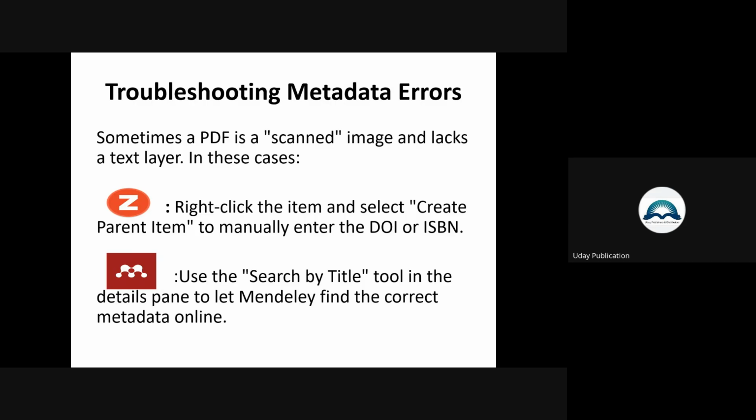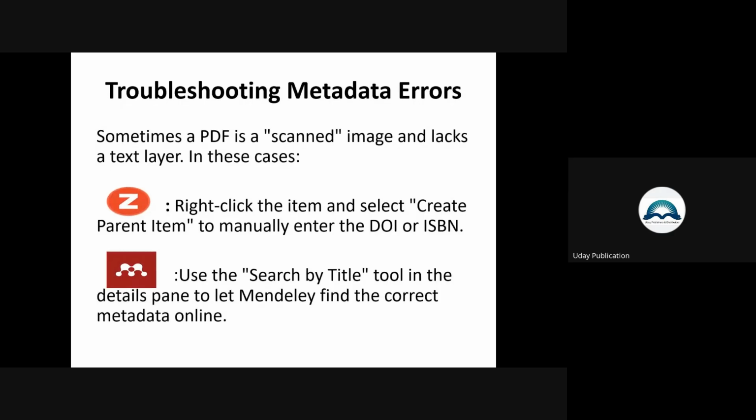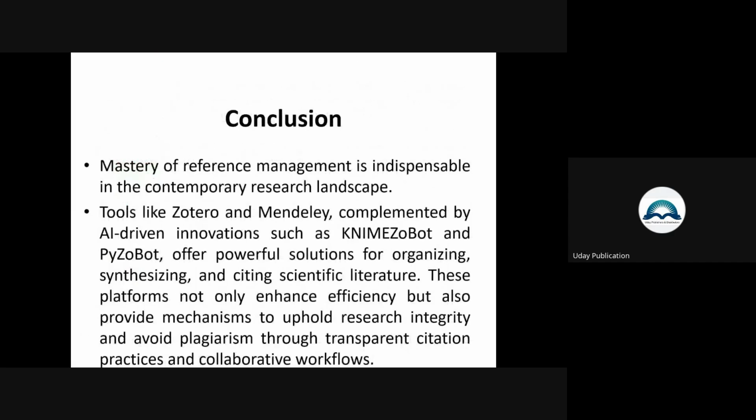That is a very good feature in Mendeley. You just need the title, you can search by the title and get the correct metadata online. So these are the softwares we are utilizing, Zotero and Mendeley. If you use both simultaneously, you can really clear many things. So it is really important.